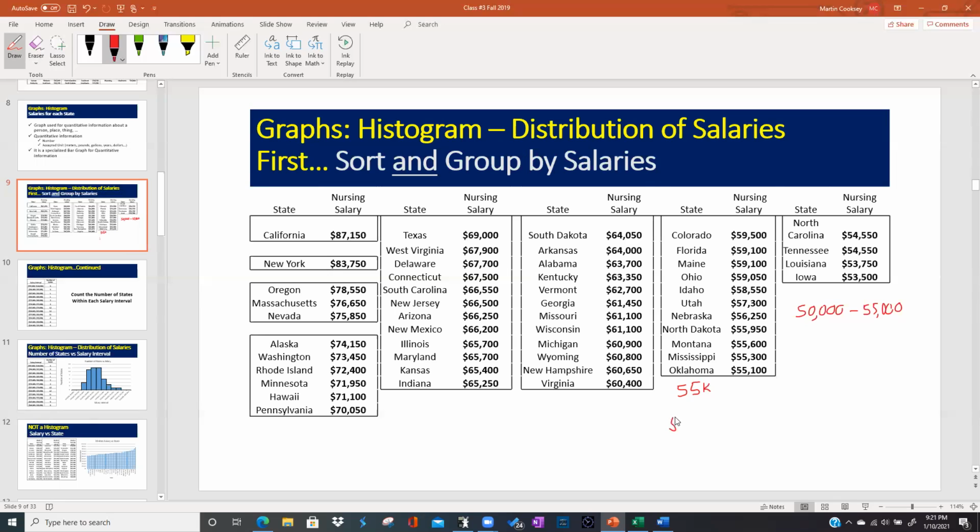And 55K, as some of you may know, is 55,000. The K represents thousands. So we have 55K to 60K.